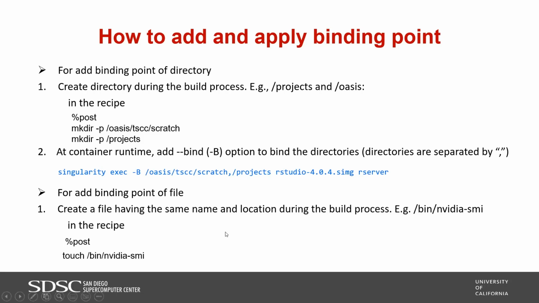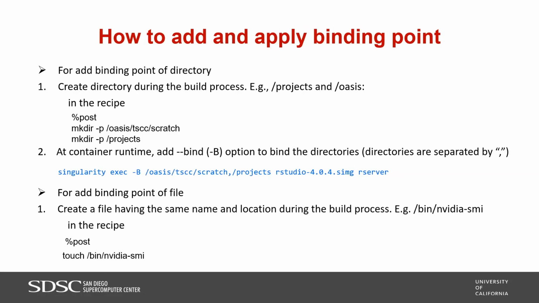If I want to add a binding point for a file, I can create a file having the same name and location during the binding process. For example, I can add NVIDIA SMI when building the Singularity image, and then at the container runtime, this command will be available to me.